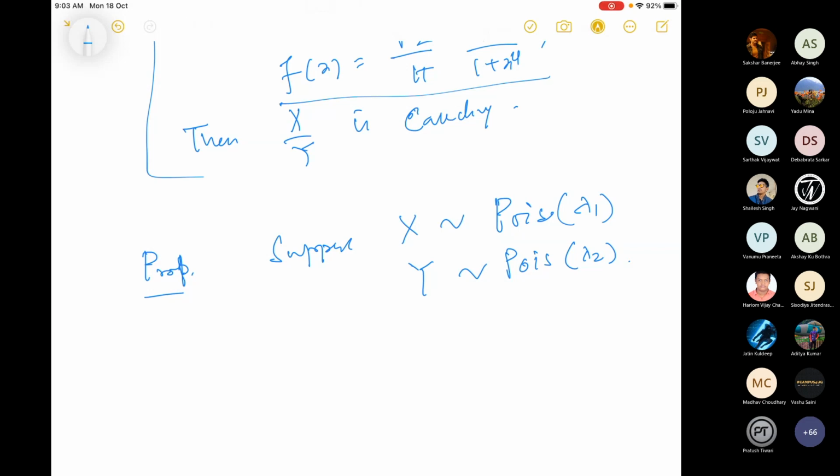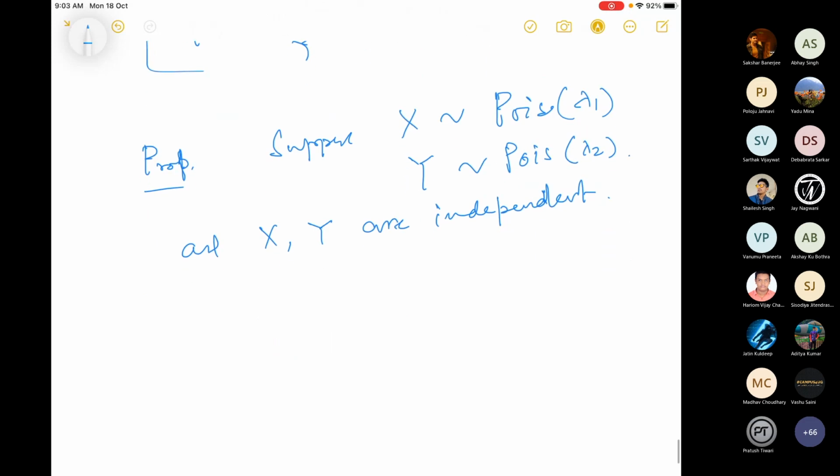And suppose x and y are independent. Now, this is also a very standard result which we'll use again in statistics. My question is, what is the PDF of x plus y? How do you solve it?